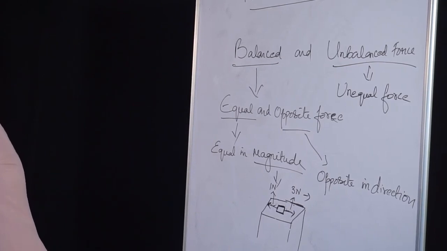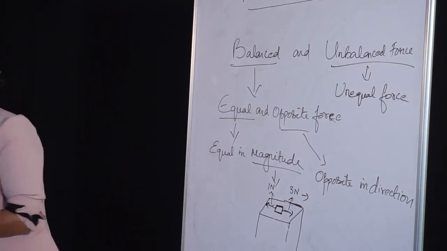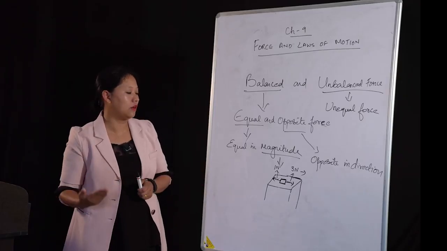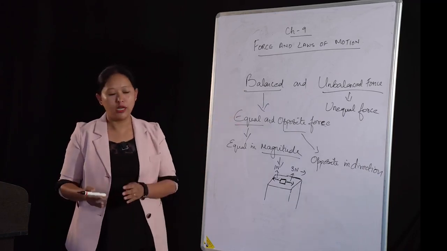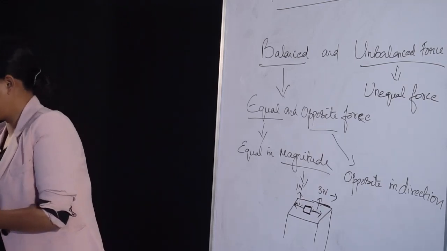So unbalanced means the magnitude of force in one direction is either greater or lesser than that of the other direction. And we have seen that balanced force does not cause motion, whereas unbalanced force causes change in motion.